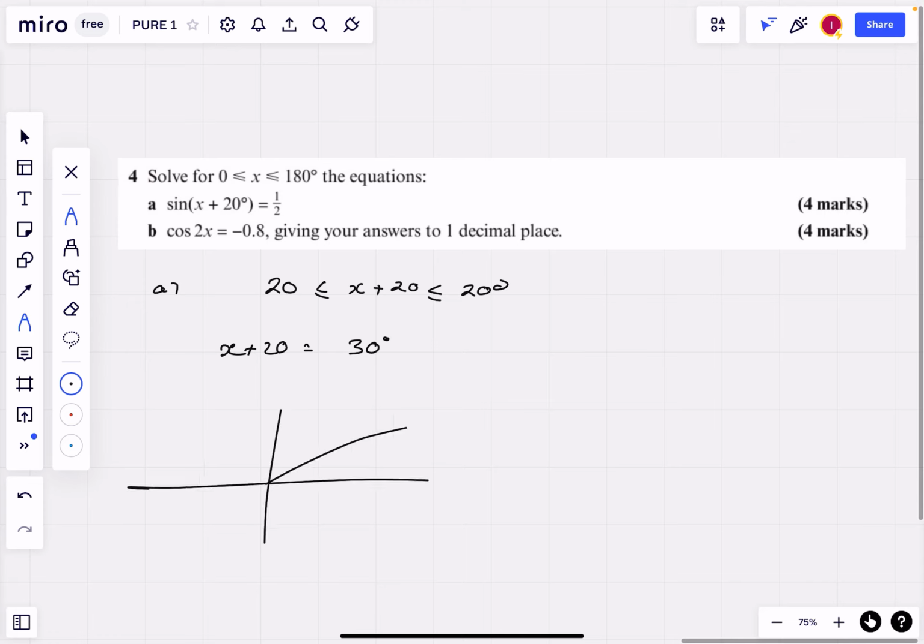CAST diagram, 30, 30. First value is 30. Second value is 150. Can we go any more? Nope. So your values of x are 10 and 130 degrees because you minus 20 from both.